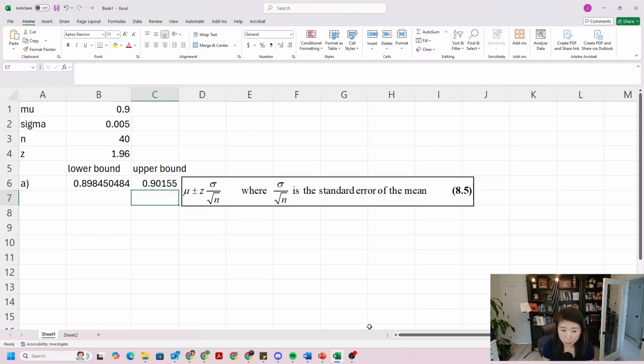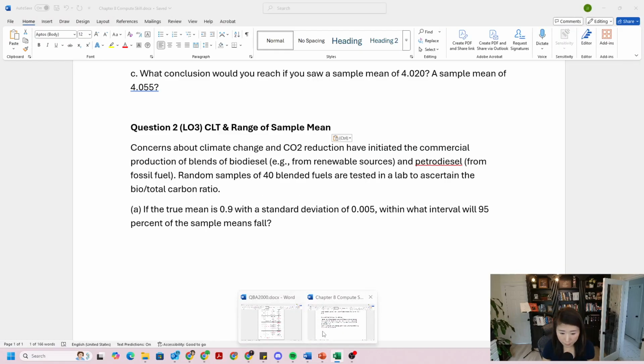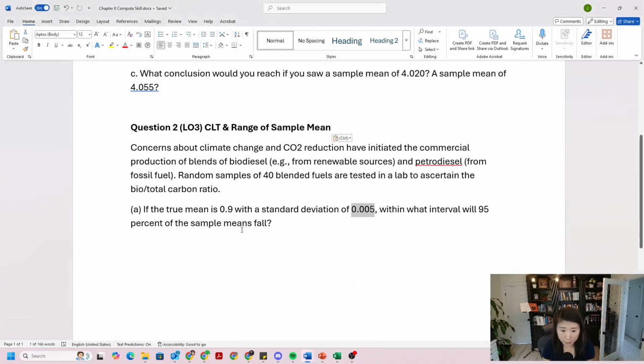So what kind of distribution will this follow? If you go back to the initial question, we did not see whether the population follows a normal distribution or not. But we get a sample size of at least 30, and we said if the sample size is larger than or equal to 30, we can assume the sample mean follows a normal distribution.